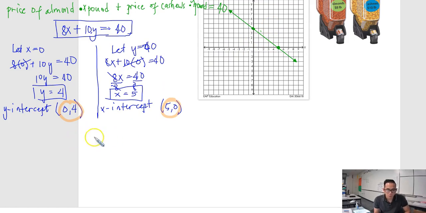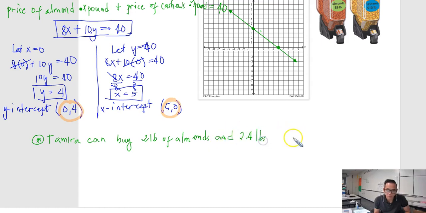So I can put here one of the interpretations that we have. Tamira can buy these combinations: 2 pounds of almonds and 2.4 pounds of cashew.